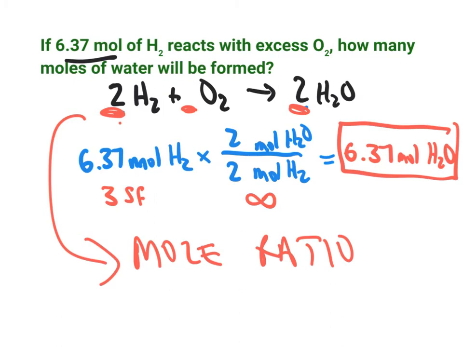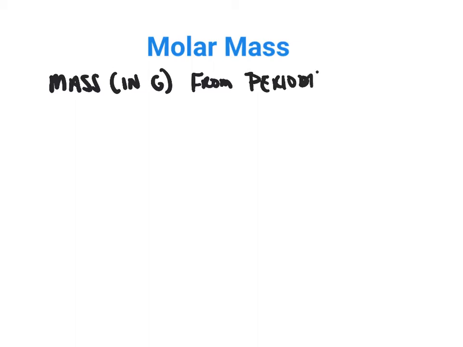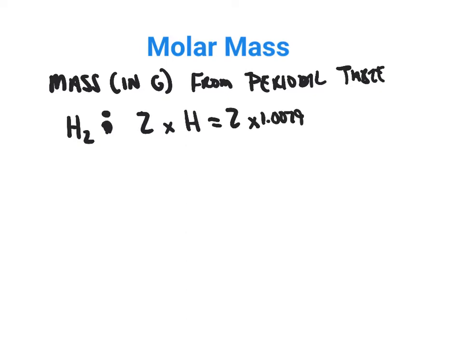The other thing that you need to do these problems is you need to understand molar mass. And we learned this last week or 2 weeks ago. So remember that the molar mass of 1 mole of anything is equal to the mass in grams from the periodic table. So for example, if I were to look at the molar mass of H2, I know that this is 2 H atoms, 2 times H. If I look up H in the table, it's 2 times 1.00794.